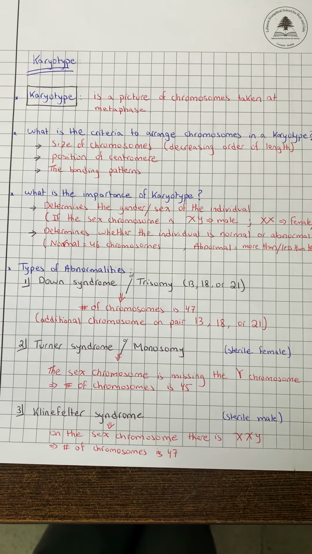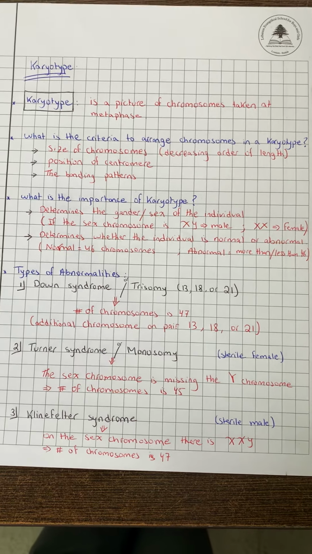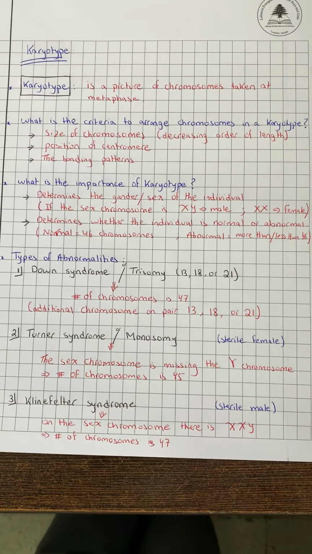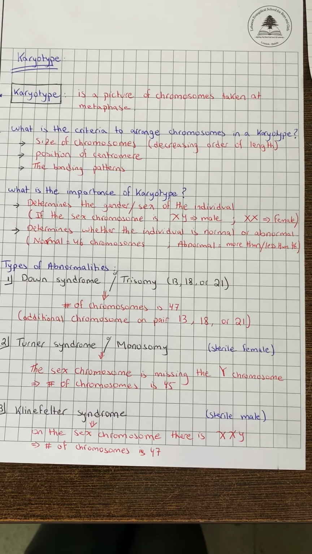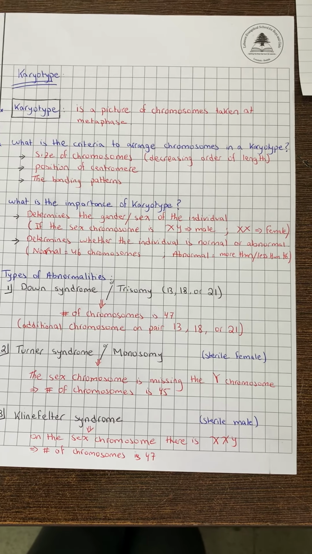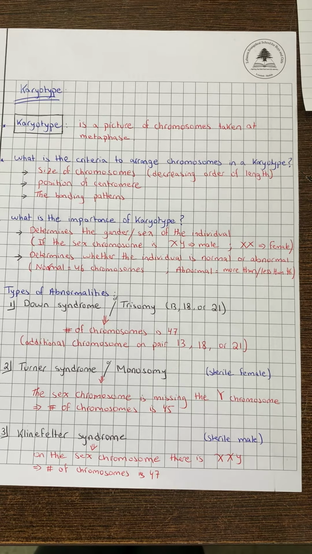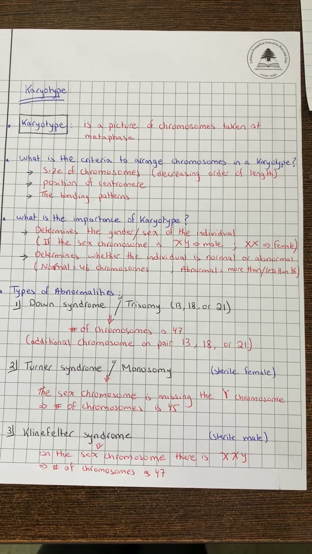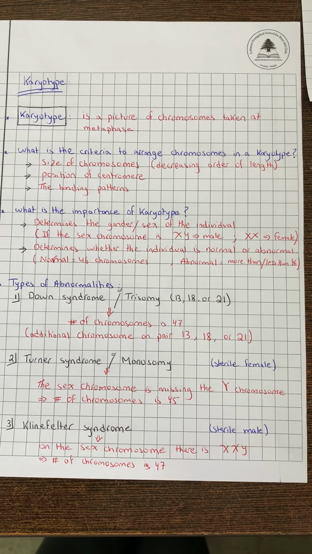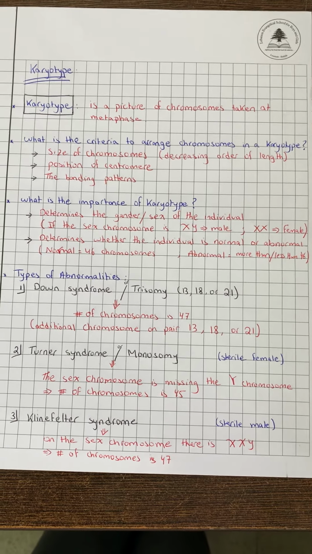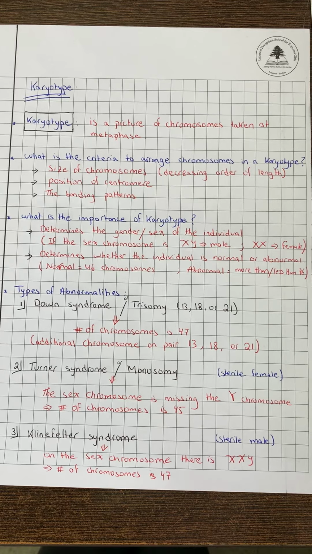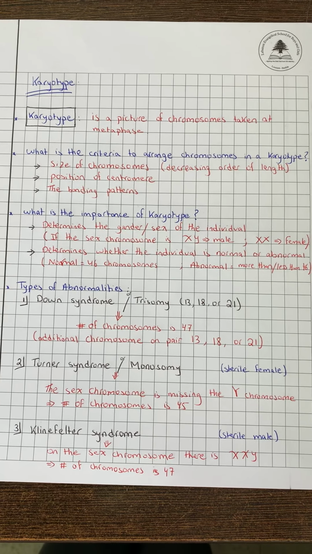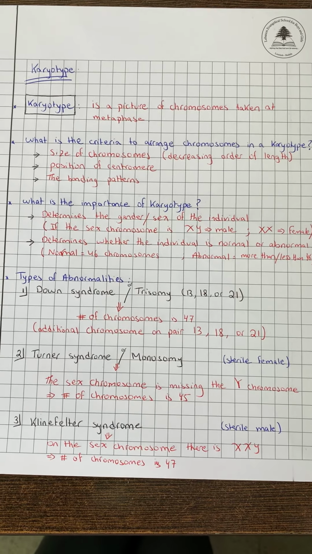Now, after the photo is taken at metaphase, we usually arrange the chromosomes in a specific pattern. The criteria to arrange the chromosomes depends on the size of chromosomes. That is, the longest or tallest chromosomes will be the first, and the shortest will be the last one. The second criterion to arrange chromosomes is the position of the centromere.